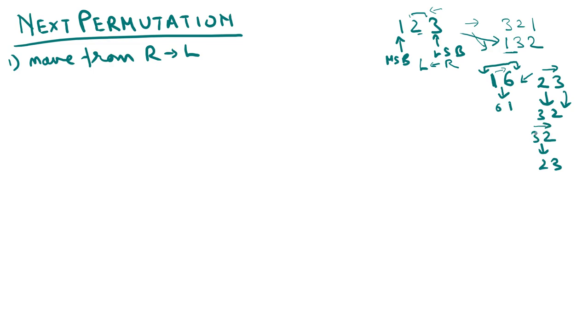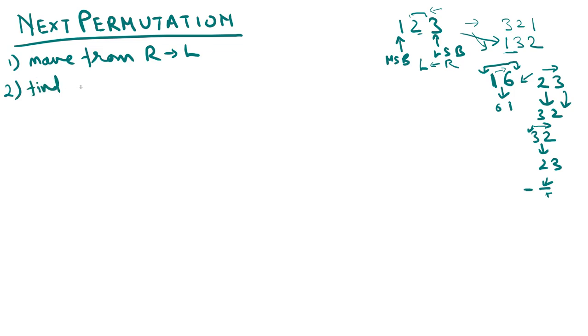So when the number on the right of a particular number is less than the number on the left, we are not really interested in such numbers. We are interested in numbers in which the number to the right of a given number is more.